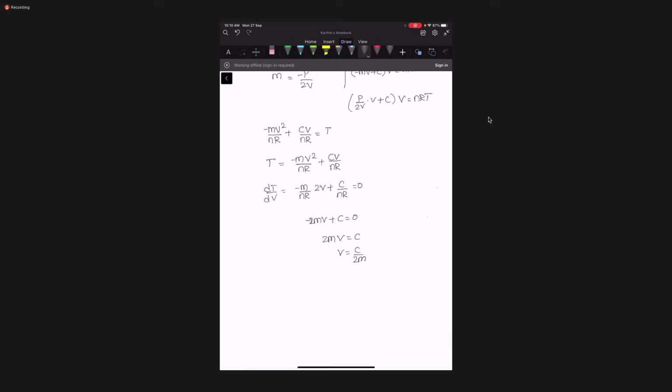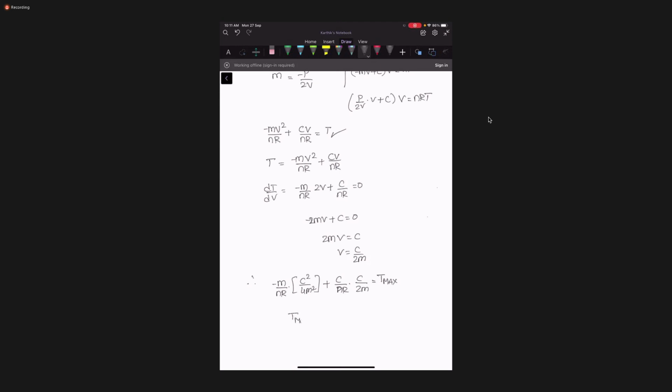So at this value, the T will be maximum. Therefore, minus m by nR into what is v? C square by 4m square plus c by nR into what is v? C by 2m is your temperature max.